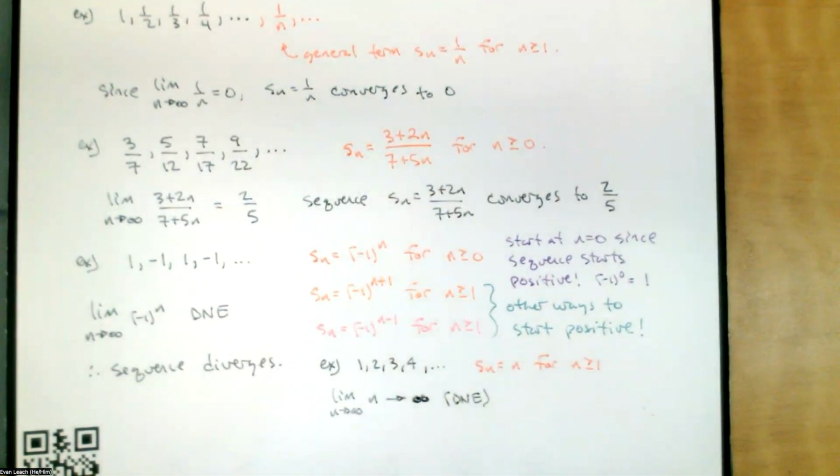You don't want to say that the limit of terms equals infinity, because just saying equals infinity doesn't make any sense. The limit of the terms go to infinity. The limit of the terms does not exist. The sequence diverges.